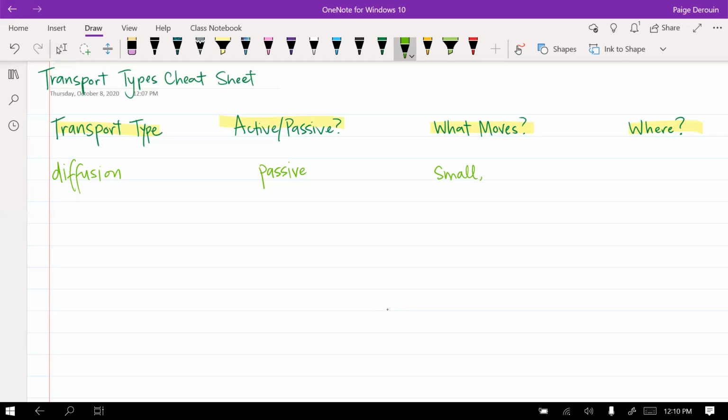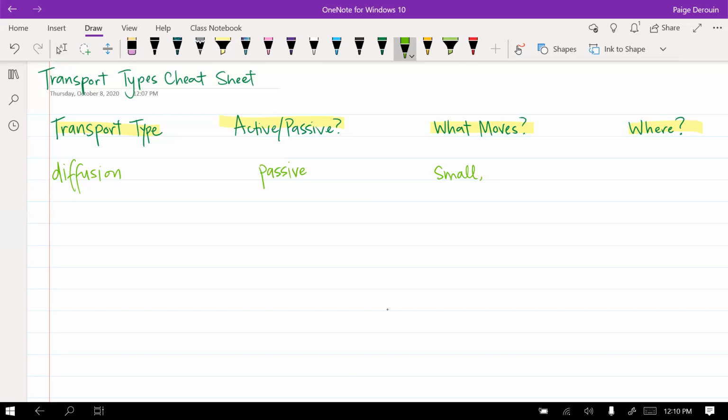No. Why not? Why non-polar? Because what is the membrane made of in the middle? Lipids, right. And lipids are non-polar and they repel water. So we want things that are similar to the lipids to go through the membrane. So they have to be non-polar.